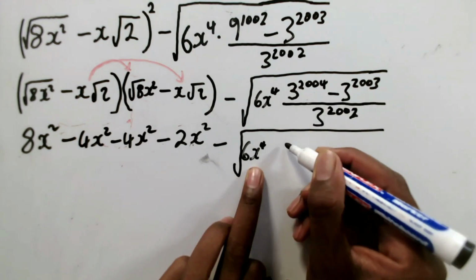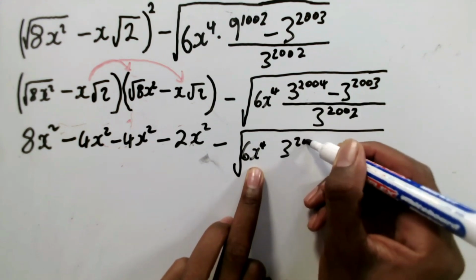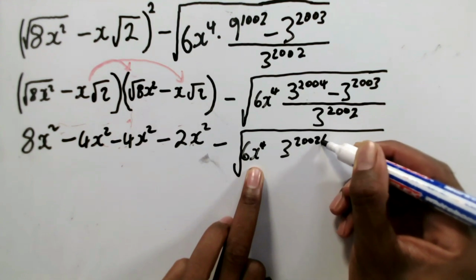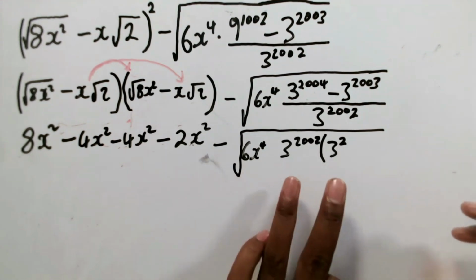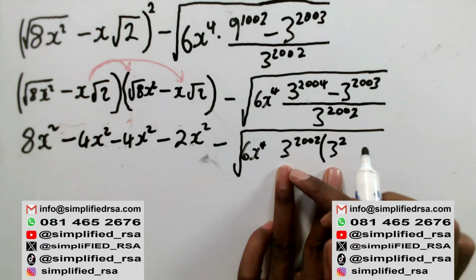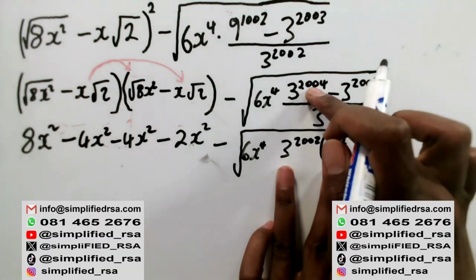And if I take out the common factor of 3 to the exponent 2002 up here, I would be left with 3 squared, such that when I multiply back, when I FOIL it back, I should get what I had there.